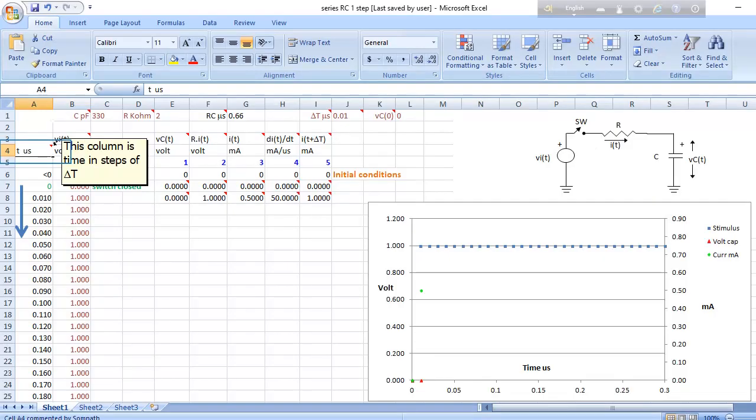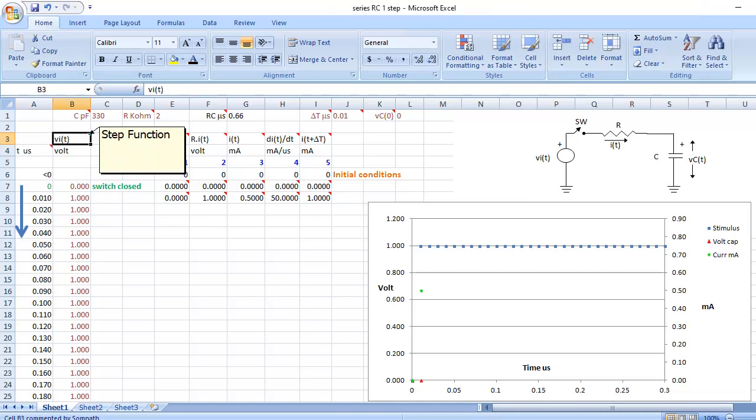Column A represents time, with increments in steps of delta t, which is 0.01 microseconds in this case. Switch is closed at t equals 0, represented by cell A7. We will enter the stimulus in column B. It will be a step function for the moment.